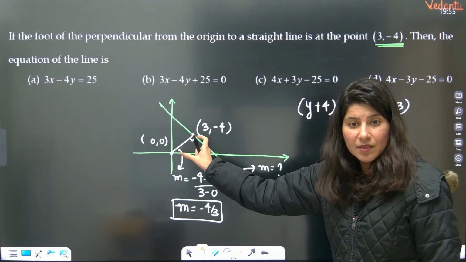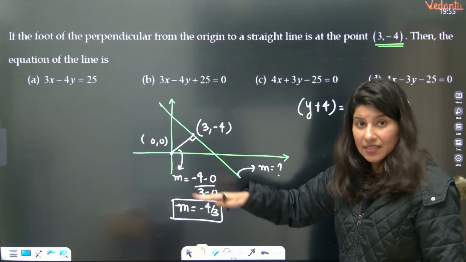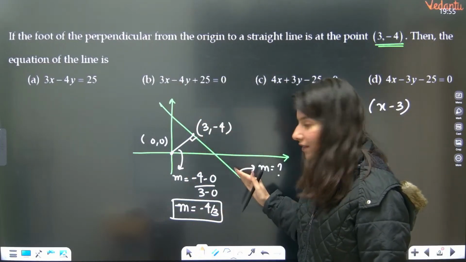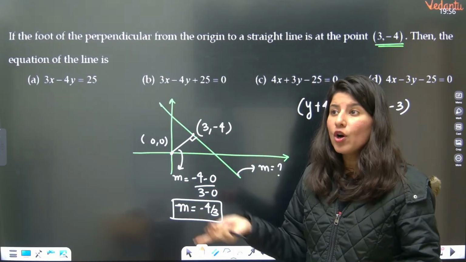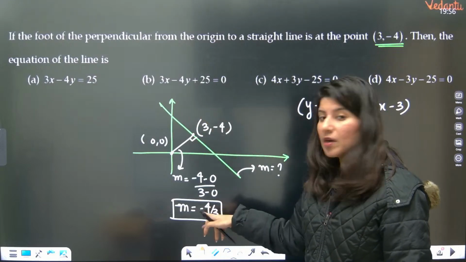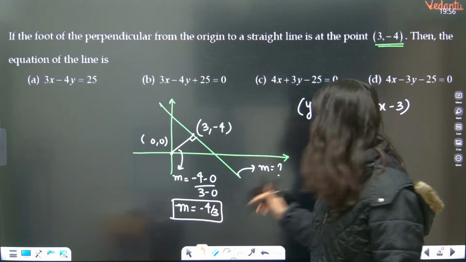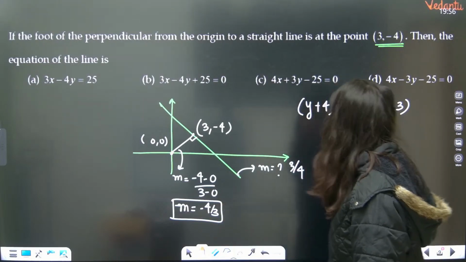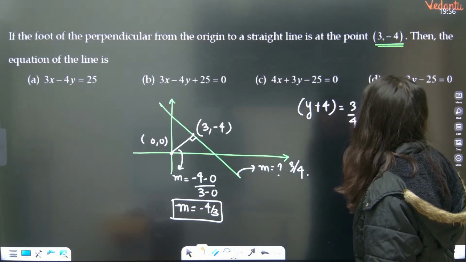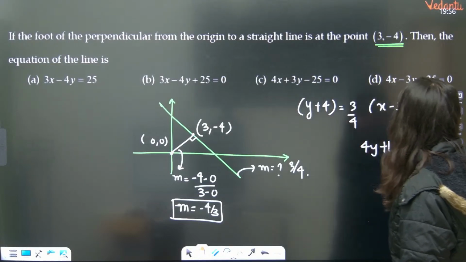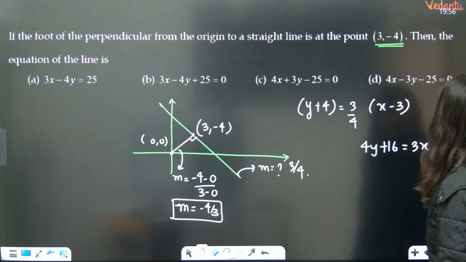Now, this is perpendicular to my line. So I am looking for the slope of a line which is perpendicular to this line. So negative reciprocal, that means 3 by 4 is the slope of my line. So 4y plus 16 is equal to 3x minus 9.